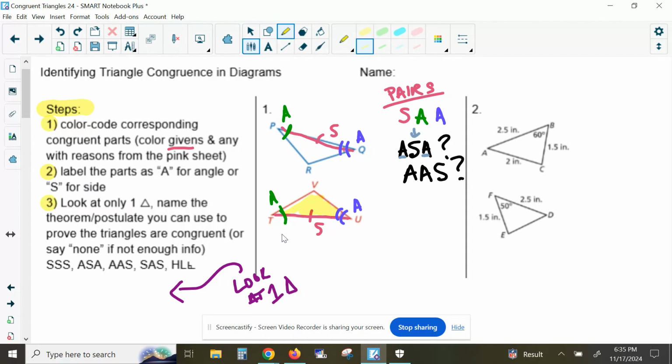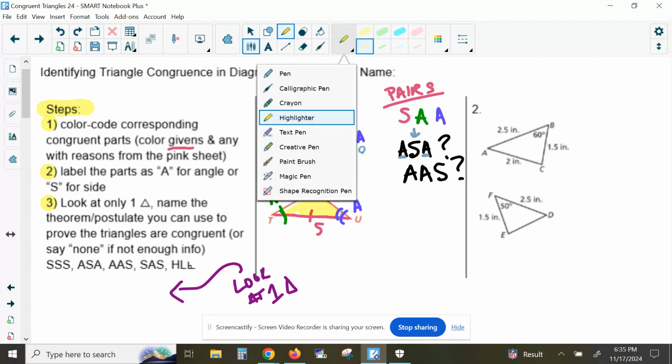And I have to ask myself, you see this side that I have, this pink side? My question is, is it touching both of the angles? Does it run right into this green A? Does it run right into this blue A? It does.